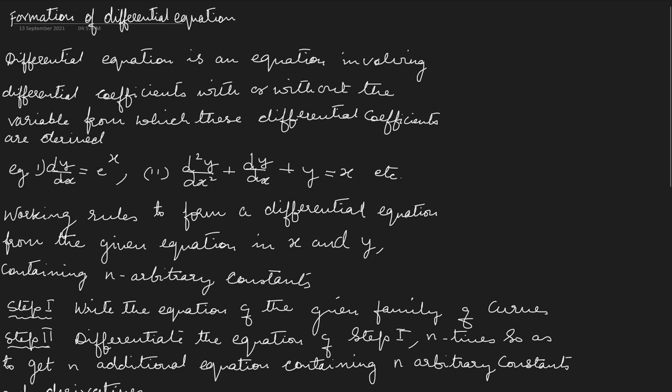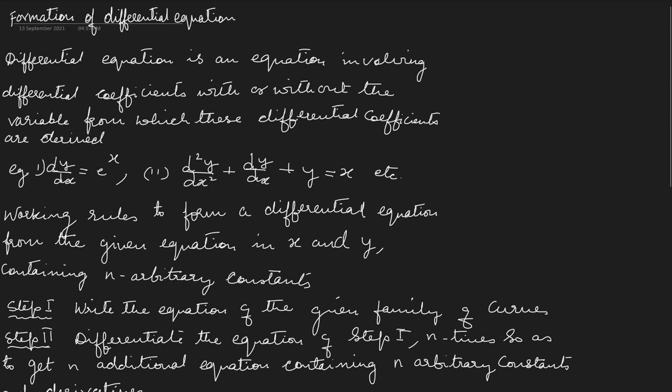You have done this in class 11, 12, how to form a differential equation and how to find the derivatives of an equation. With the help of that, I hope you will be able to understand how to form a differential equation with the help of our working rules.